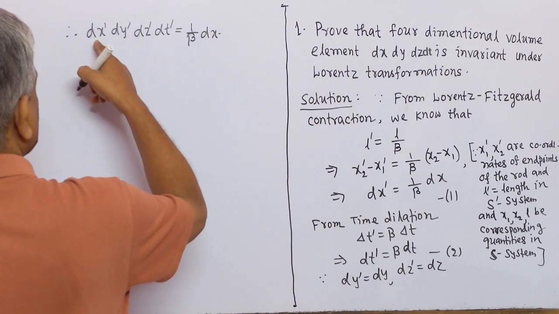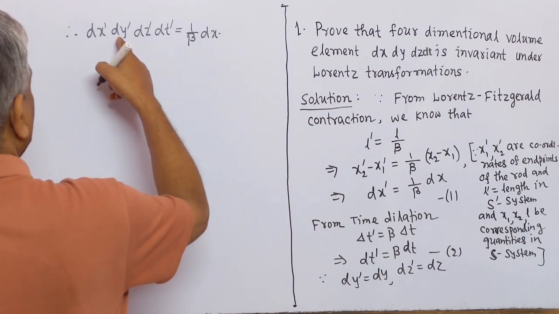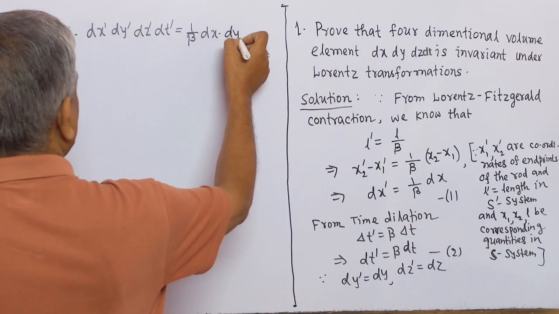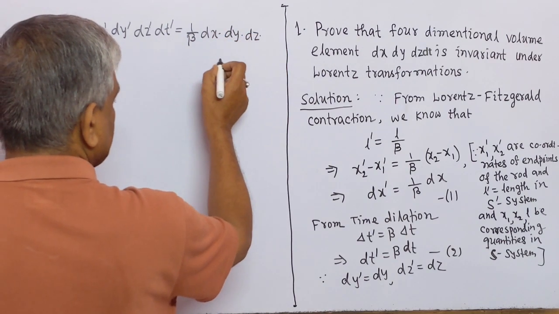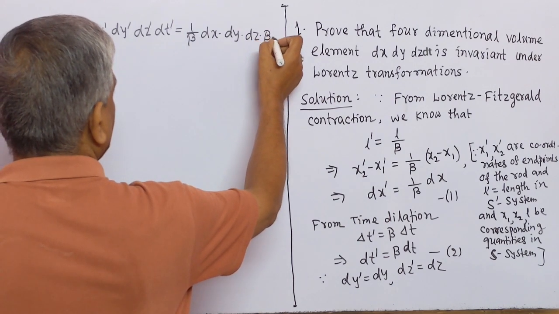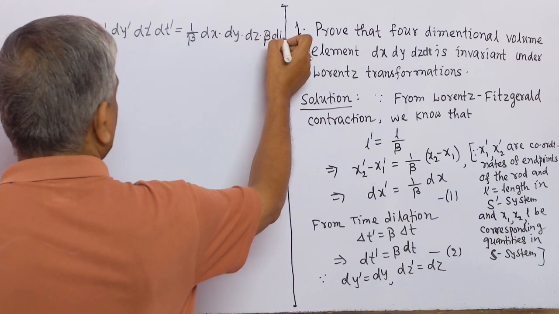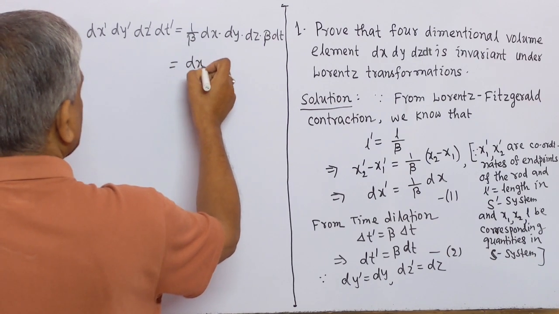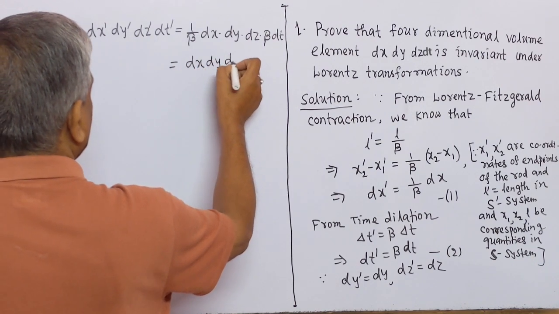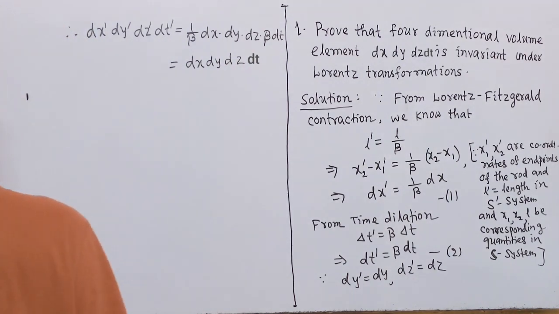This is dx prime. dy prime means dy, dz prime means dz, dt prime means beta dt. This is equal to dx dy dz dt.